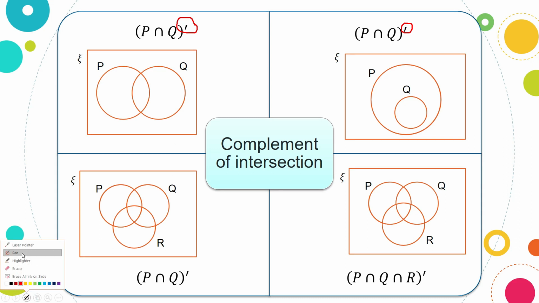How do we shade the region of this Venn diagram? First, we determine the intersection of P and Q. We look at this part first, P intersect Q. But in this situation it is the complement of the intersection, so it must be the elements that are not the intersection of P and Q. So the region shaded for this complement is the outer part of the intersection.